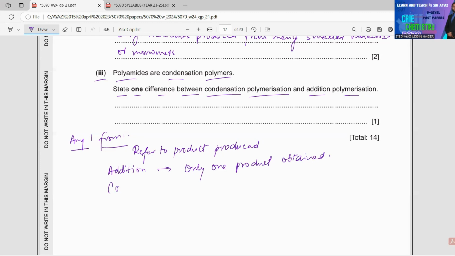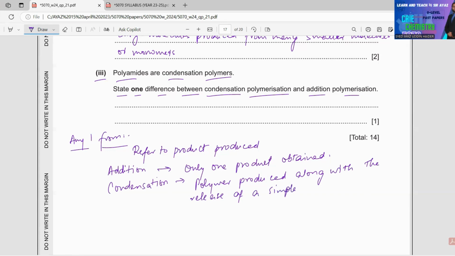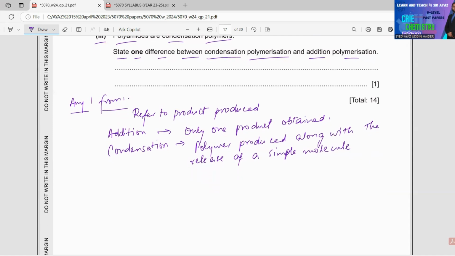In case of condensation, polymer produced along with the release of a simple molecule. If you want, you can even mention the name of this simple molecule. It can be either water or hydrogen chloride. You only have these two.